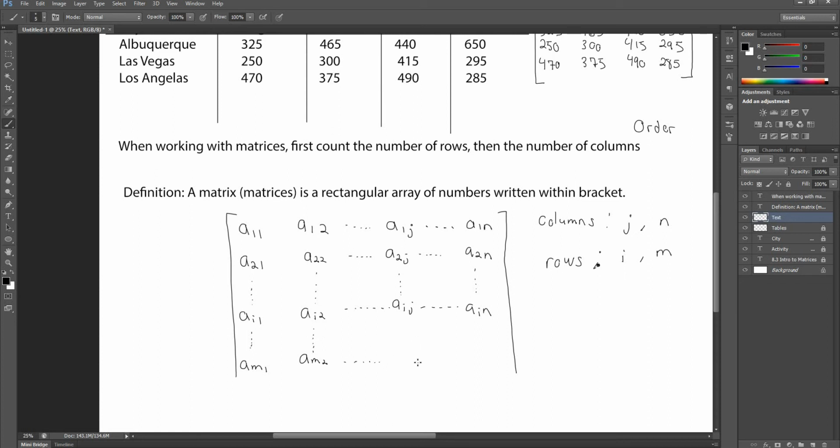M always represents the last row of your matrix. AMJ, and this one is AMN. This is just the general structure of a matrix.